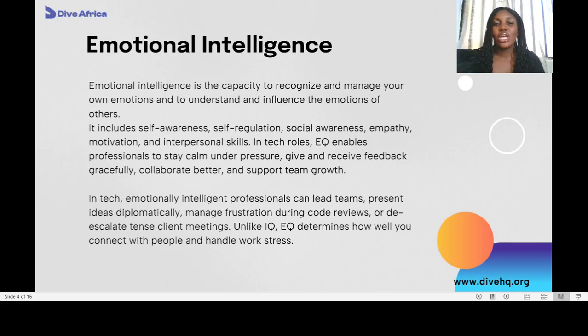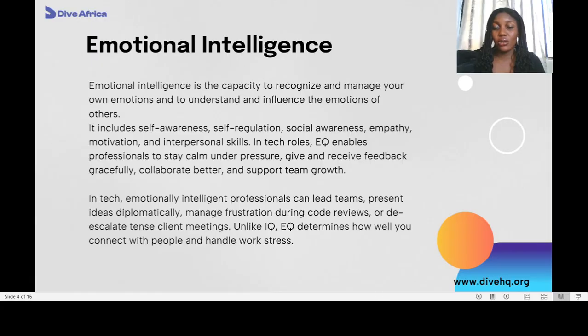In tech roles, EQ enables professionals to stay calm under pressure, give and receive feedback gracefully, collaborate better, and support team growth. Emotionally intelligent professionals can lead teams, present ideas diplomatically, manage frustration during code reviews, or de-escalate tense client meetings. Unlike IQ, EQ determines how well you connect with people and handle work stress.